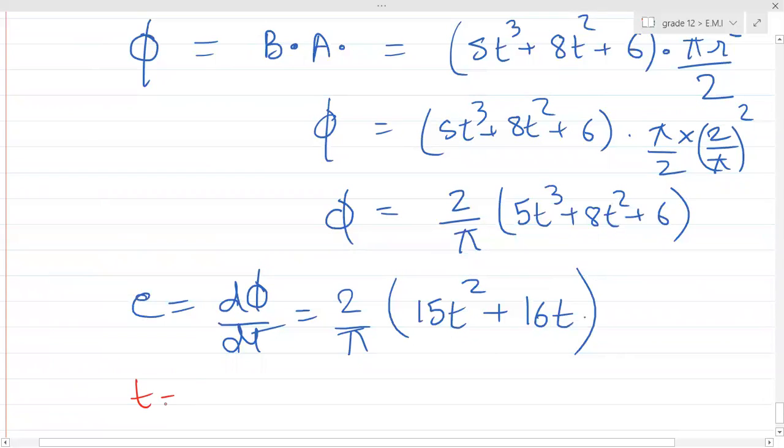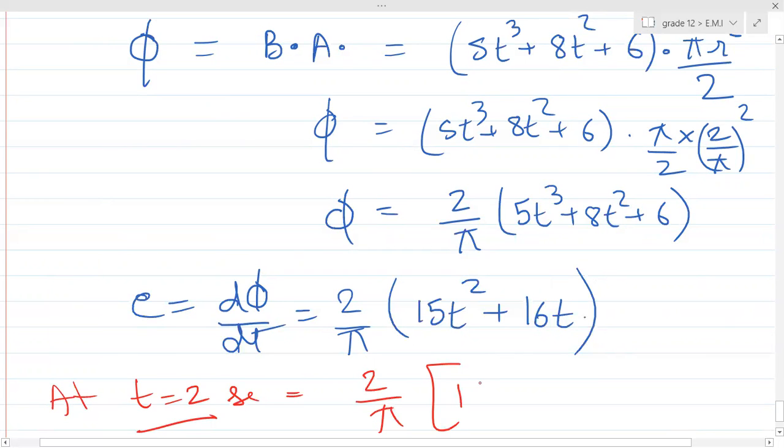Achha, let's try to find out what is the value at t equals 2 seconds. This will be 2 by pi, 15 times t square, which will be 4, plus 16 into t. That will be how much?